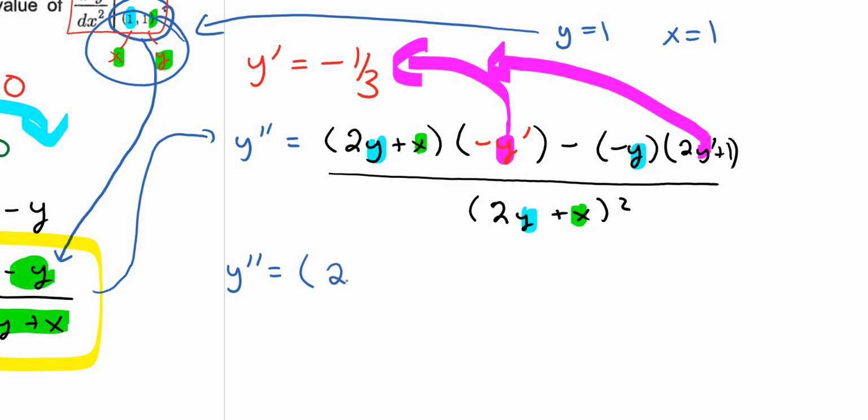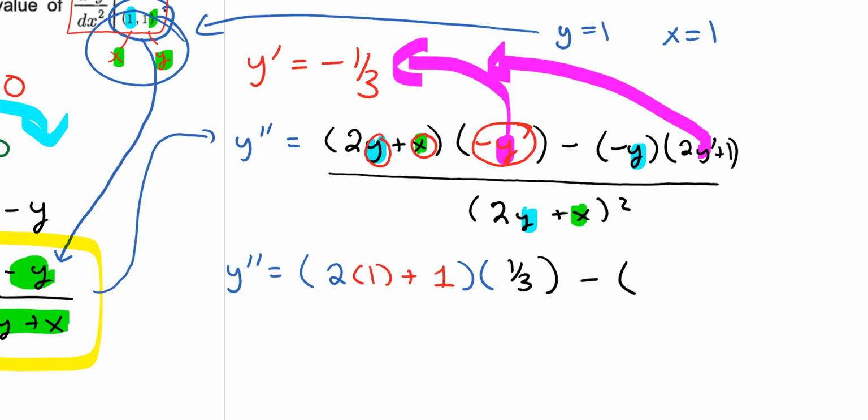So this is 2 times, well, the value of y is 1, plus the value of x here is going to be 1. Close that bracket off. And the value of negative y prime is going to be positive 1/3, right? So let me just erase that and just write down 1/3, because there's 2 negative signs.